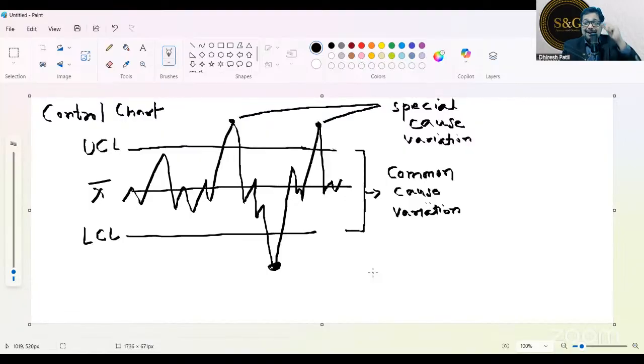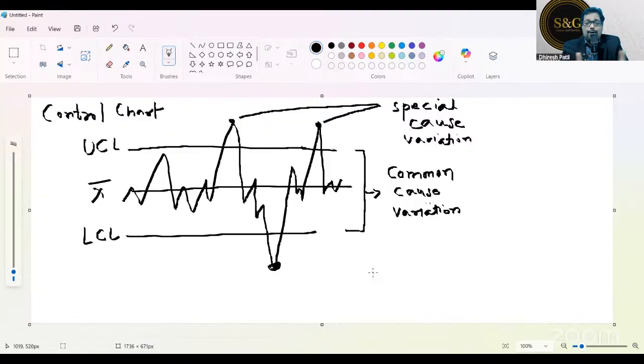So you came late to the office, and that is called a special cause variation. It will be highlighted like this. But otherwise, your common traffic and common arrival variation are called common cause variation.